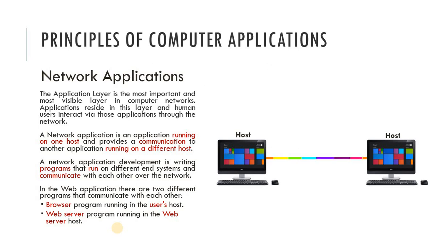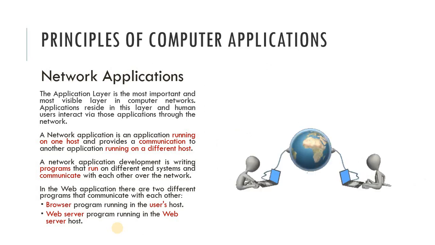When the sender sends the data, that data is displayed using that application on the receiver host. Network application development is writing a program that runs on different end systems and communicates with each other over the network.